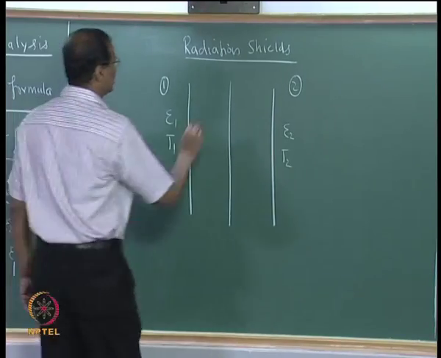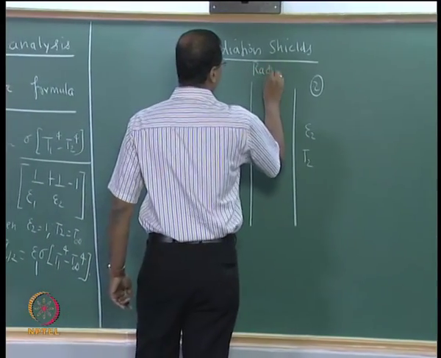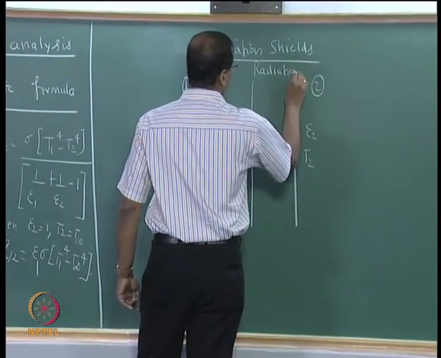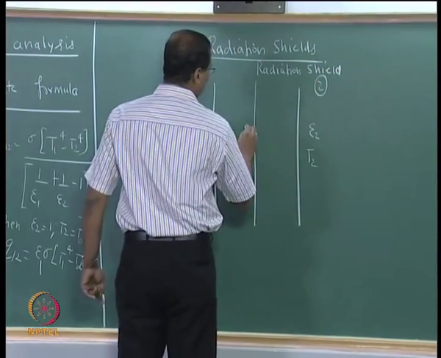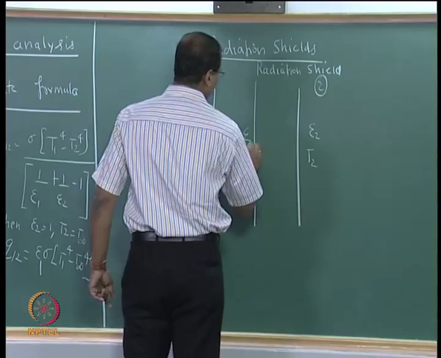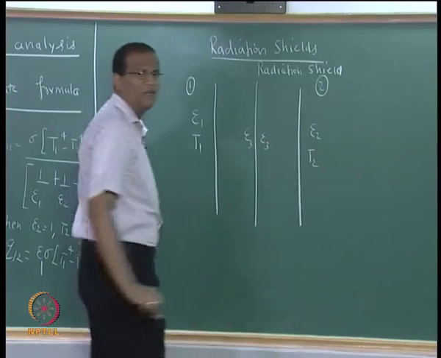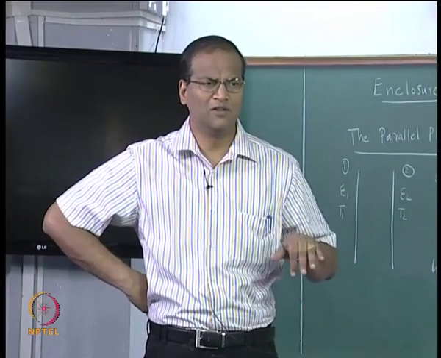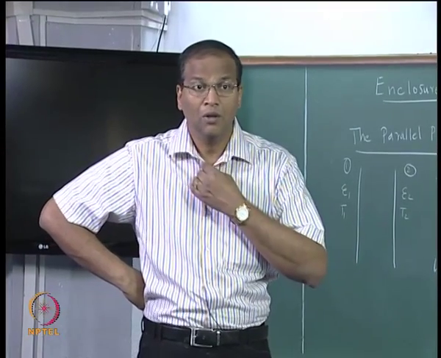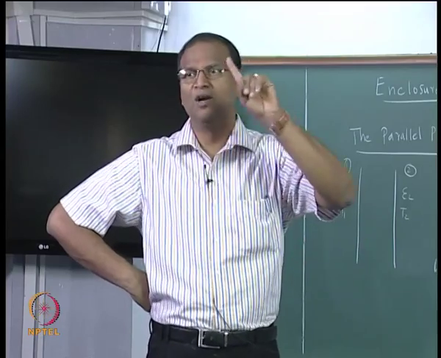Now insert a radiation shield. Let the radiation shield have a known emissivity of epsilon 3 on both sides. I have to be very specific in saying that both sides have the same emissivity, because emissivity is just a surface property. I can have different coatings on two sides, so different emissivities, while the whole shield may be at one temperature.